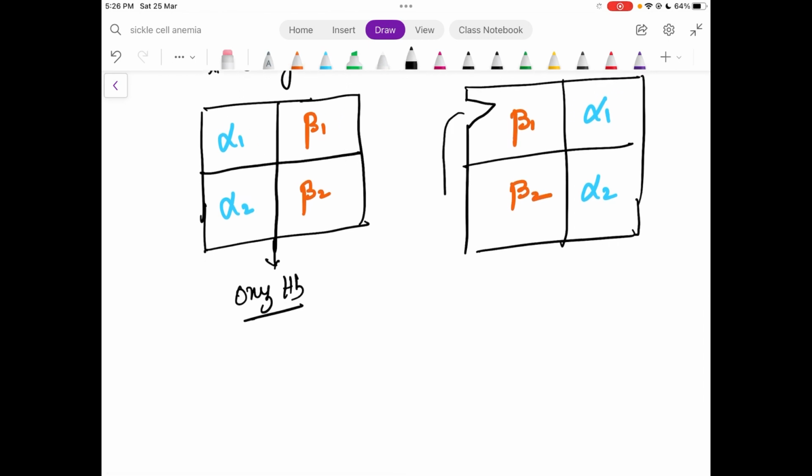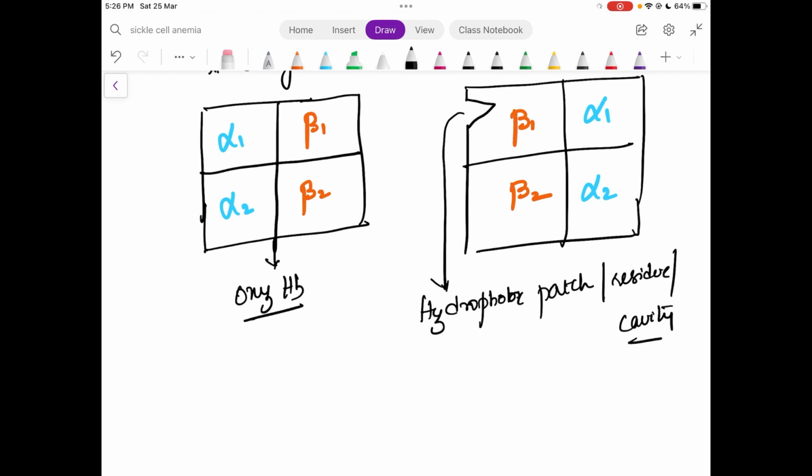This is a hydrophobic patch or residue, or you can call it a cavity.